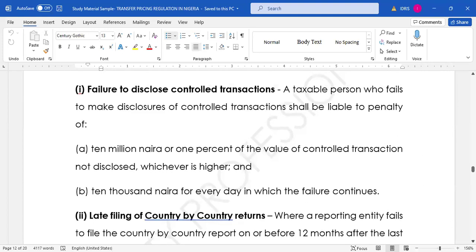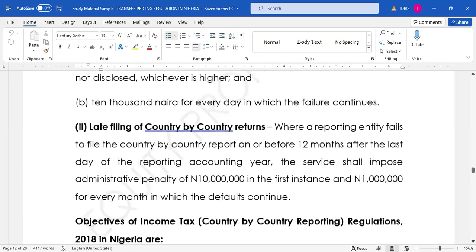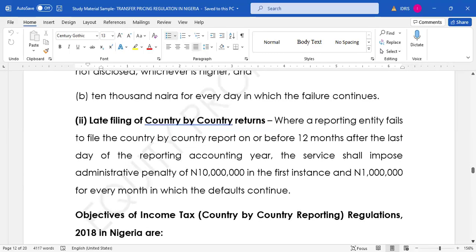Another offense relating to transfer pricing is late filing of country by country return. Twelve months after the end of the year, a company needs to file a country by country return of the last year's transactions.